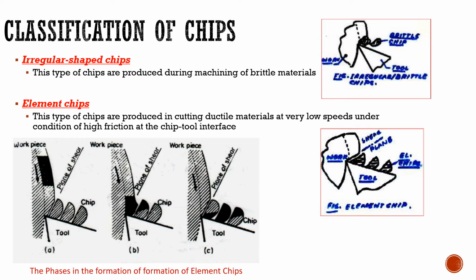Other chips can be formed due to the type of cutting tool geometry, such as the rake angle, cutting angles, and so forth. The chips can also depend upon the level of cutting velocity and feed, whether low, medium, or high, and also the type of fluid, whether we use fluid assistance or fluid application, and the method of applying the fluid.